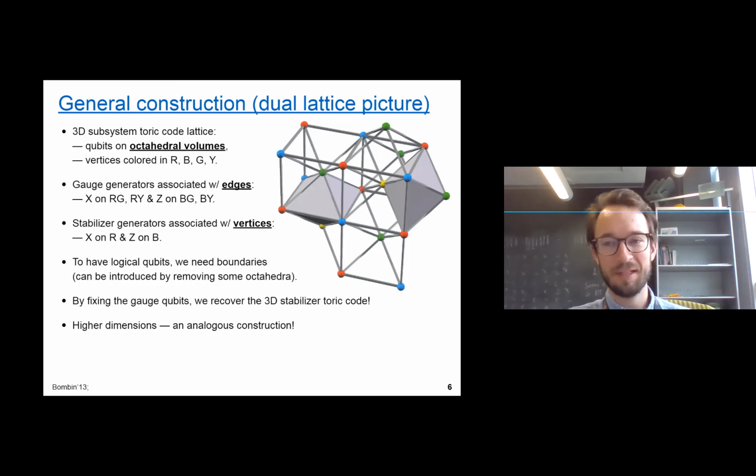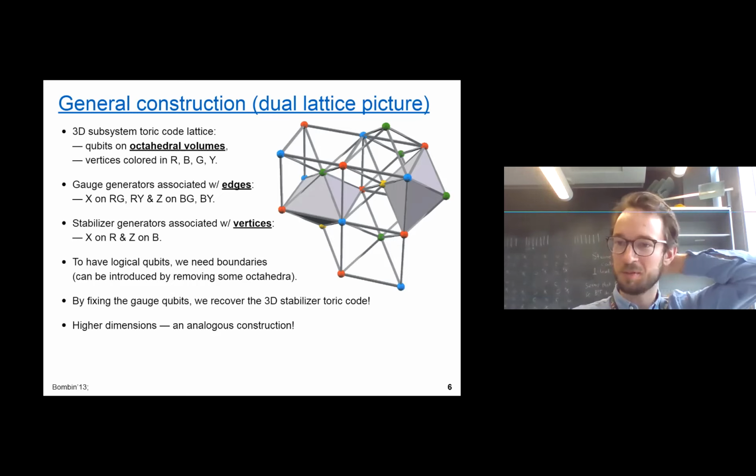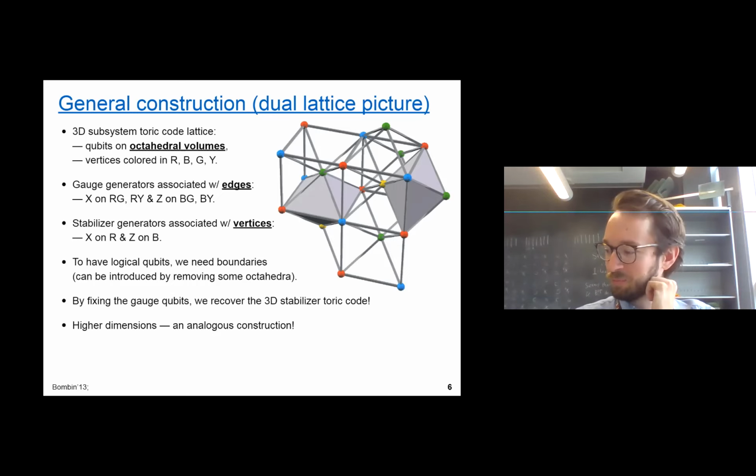And in this toric code case, we only know the extreme points, so we can construct the stabilizer versions and this subsystem version, but there's this whole other region of codes that we know exist for the gauge color code construction, which I don't know how to make for the subsystem toric code. We had some ideas about how to do this, but it never actually worked out.